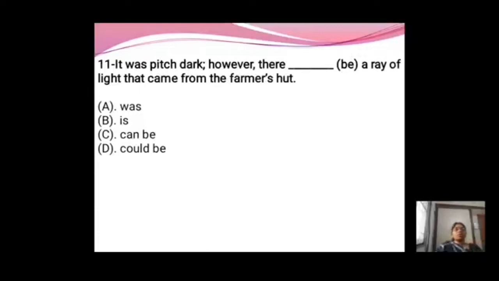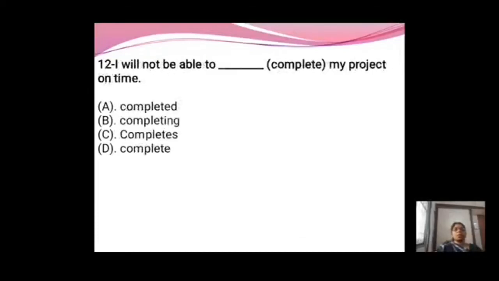The 11th question is, it was pitch dark, however, there dash be a ray of light that came from the farmer's hut. Was, is, can be, could be. The 12th question, I will not be able to dash complete my project on time.